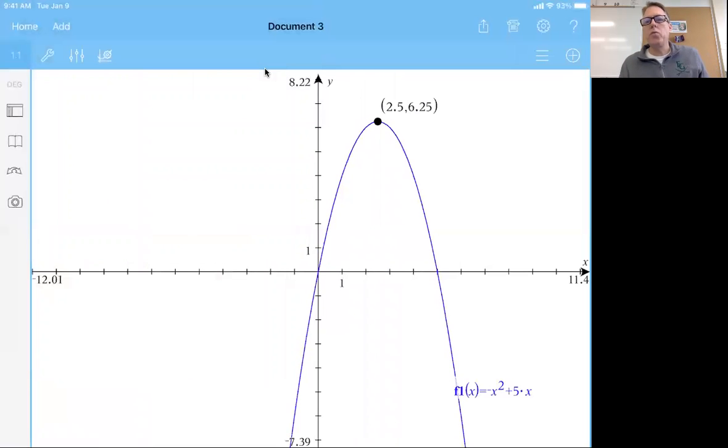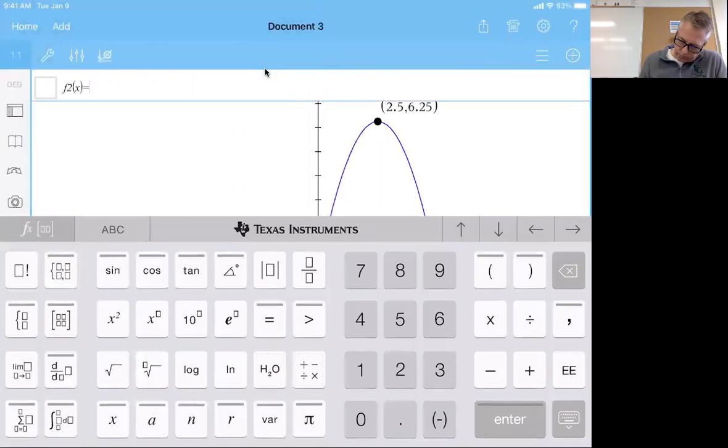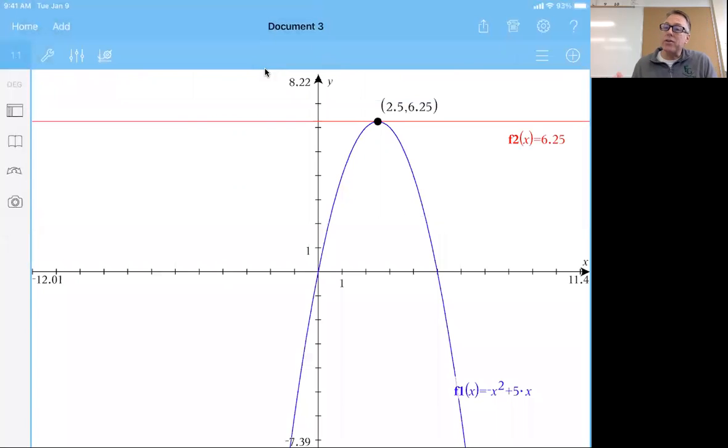Now the question was, what is C? I need a horizontal line that goes through there. That means that C is 6.25. Because if I were to graph y equals 6.25, notice that is a line that intersects it at exactly 1 point.